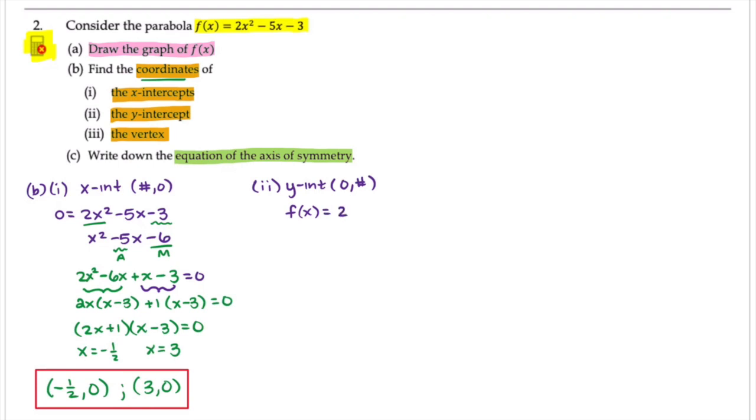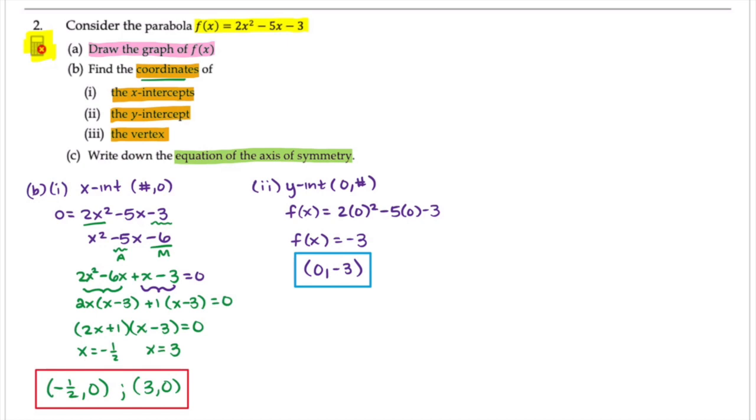I'm replacing all my x's with 0, simplifying this, and finding my y-intercept to be -3. Just like before, we want to write it as an ordered pair. So I'm going to write my y-intercept as (0, -3).